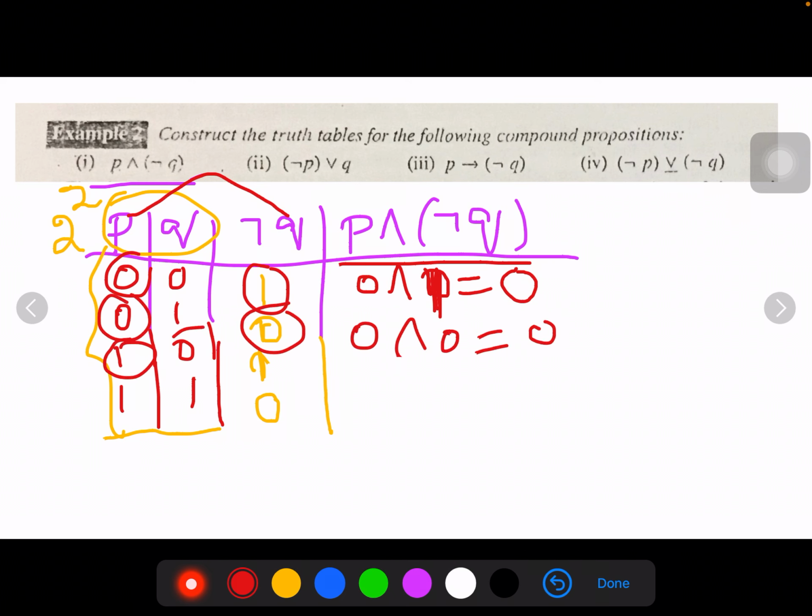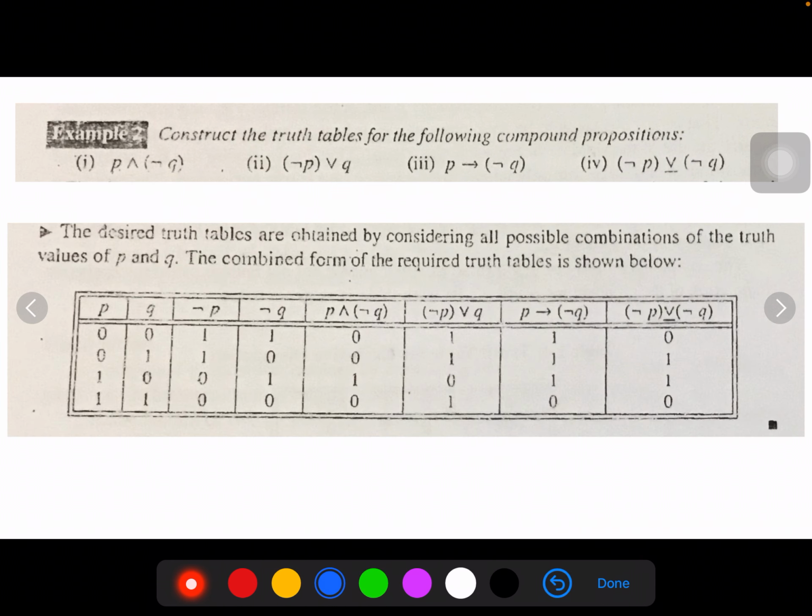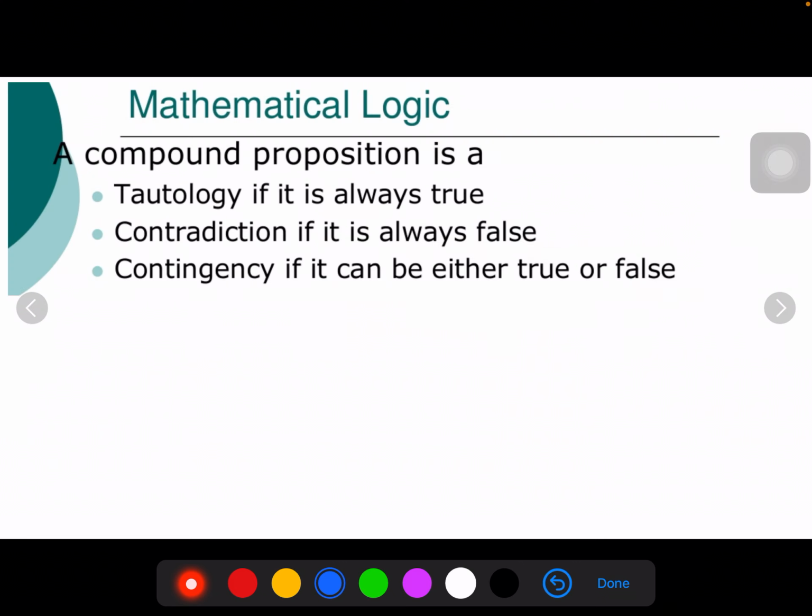Next 1 and 1, the values you should take are these two columns. 1 and 1 becomes 1, 1 and 0 becomes 0. This is the value you are going to get. In a similar way you have to try for all of these in the table. Do it yourself.